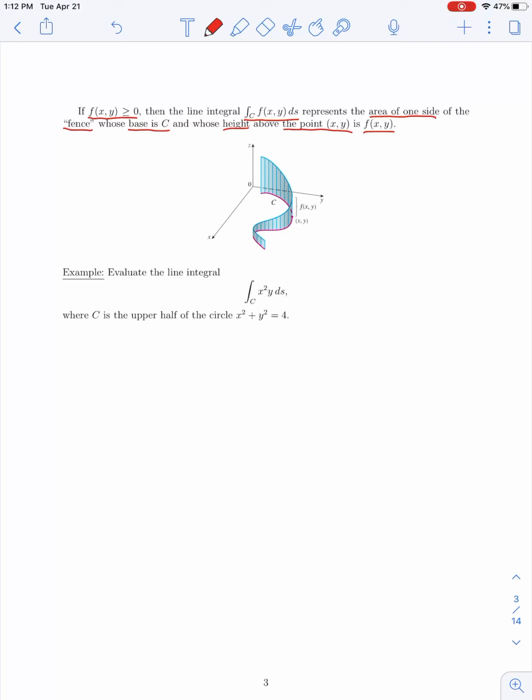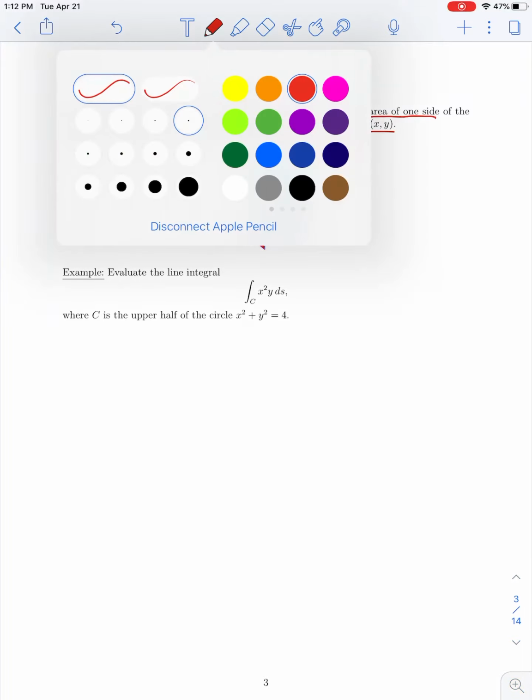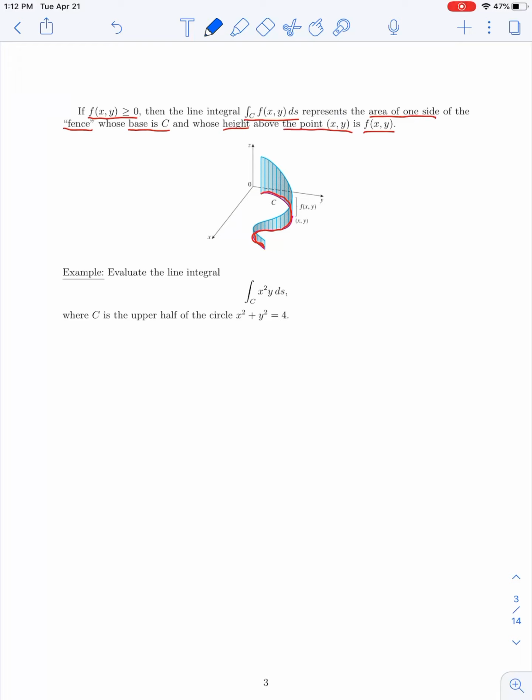So here in our figure, if we have a curve shown here in red in the xy plane, then if we're evaluating a line integral of a non-negative function over that curve, we can think about the value of the function f as describing the height of some fence that lies above a point xy along that curve.